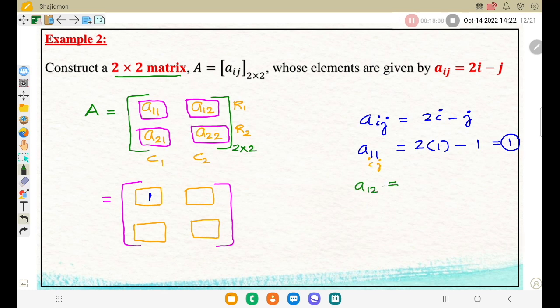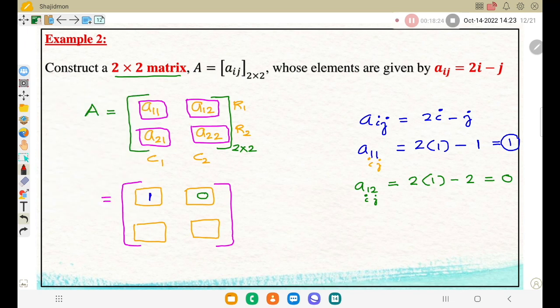A12 means i is 1, j is 2, correct? So 2 times i, which is 1, minus j, which is 2, because the rule for forming the number is Aij equals 2i minus j. So 2 multiplied by 1 is 2, minus 2 means 0. So the second number we get is 0.